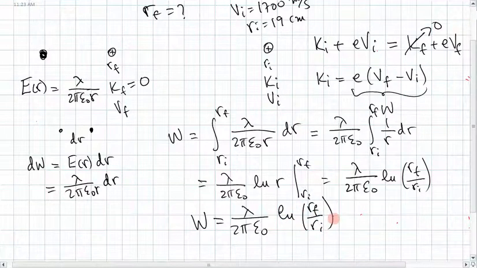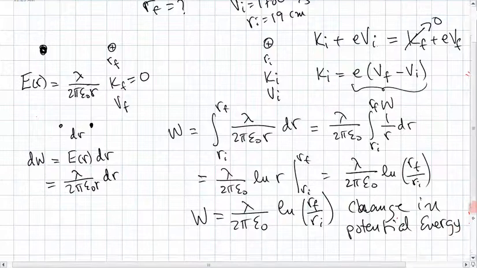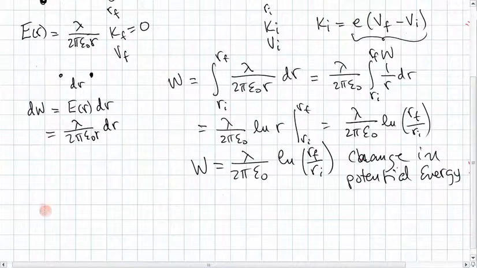In other words, this is the change in potential energy. So therefore, these have to be equal to the kinetic energy.